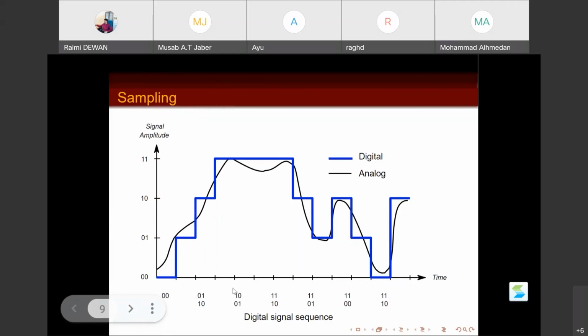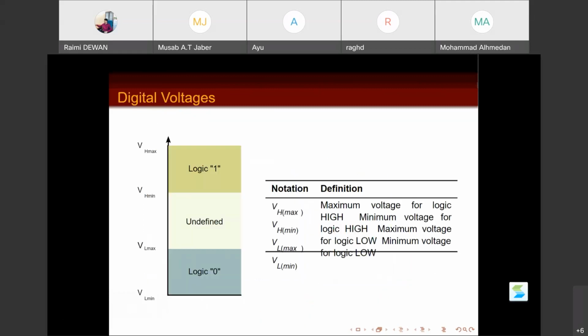This one is 1 0 and 0 1. Okay, this one is correct. This one should be here. Okay, and so on. Don't worry about this one. This is introduction. We go to much detail later on.